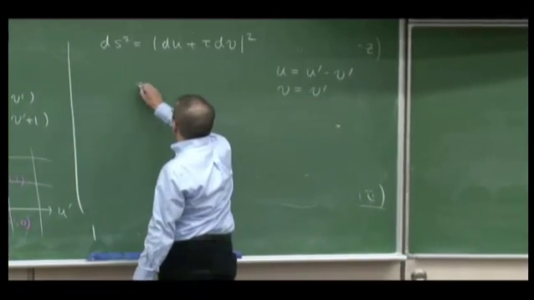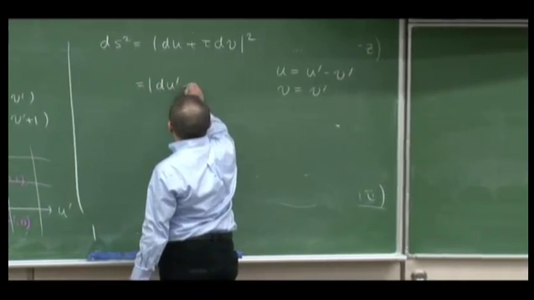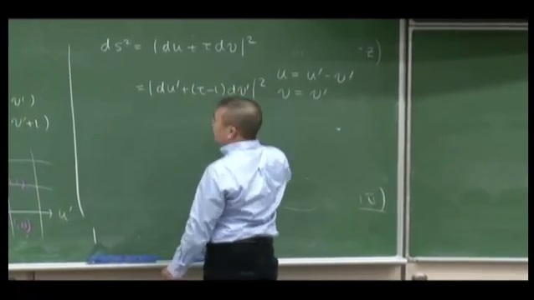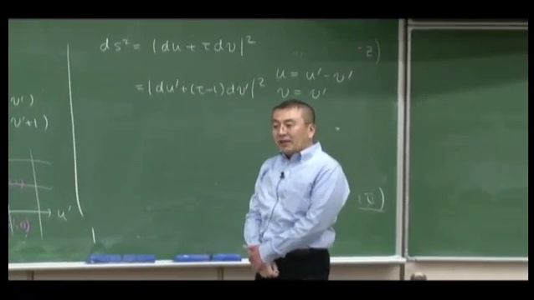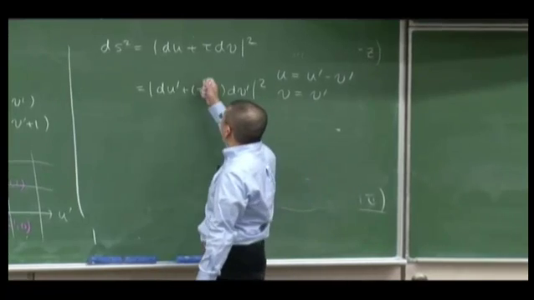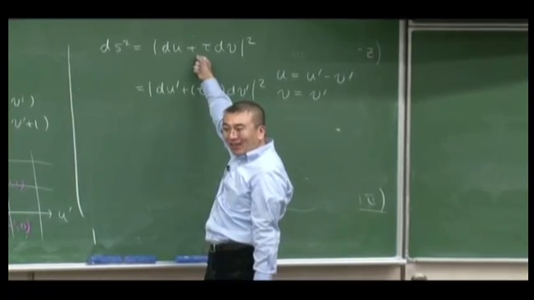Then this is equal to |du prime + (tau minus 1) dv prime|^2. Okay? So we have this kind of metric now, parameterized by tau minus 1 rather than tau.